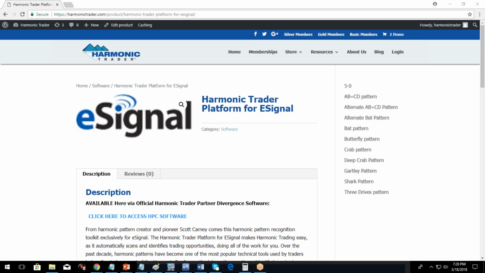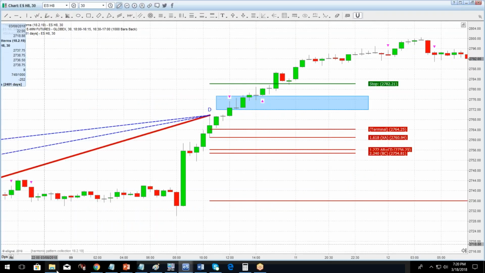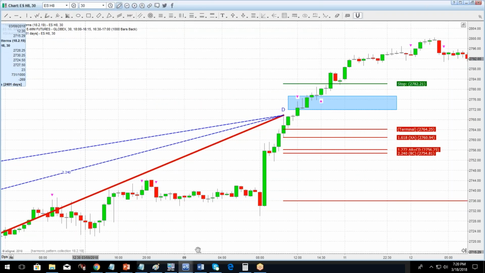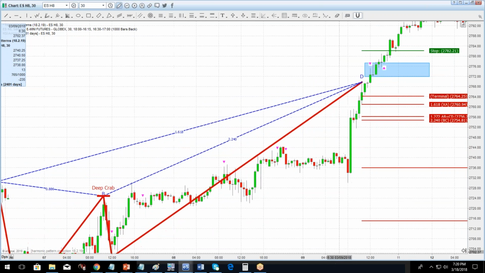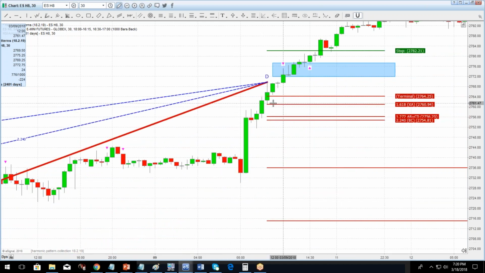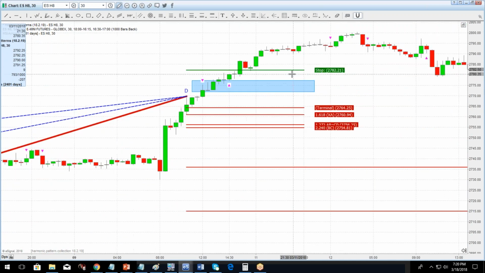Let's follow it up. For the one question, hey, Patrick, asking about the 1902. Is it for the crab only? Yes, definitely, the crab only. The crab versions, either the deep crab or the regular crab version. Deep crab meaning we have an 886 at the B point. But it's more about how you look at it when we get to the terminal bar and we look at the pattern completion.